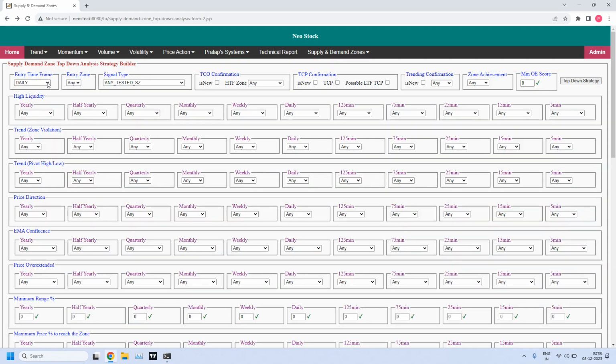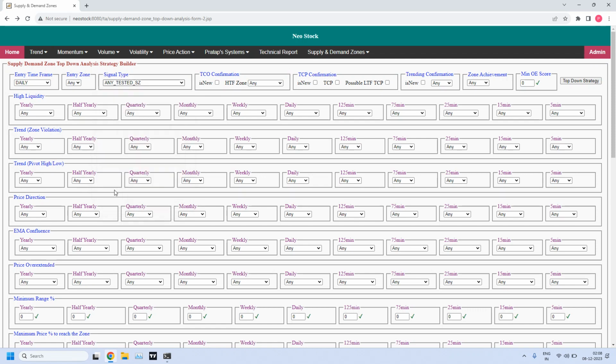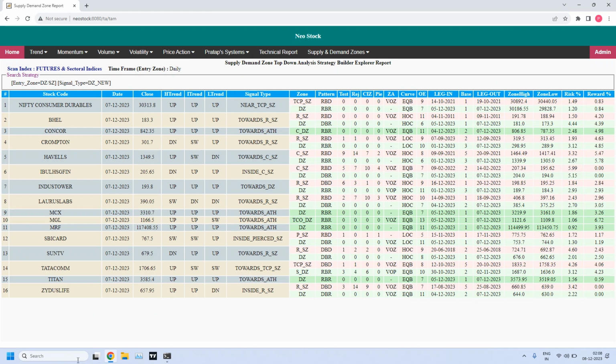Let's go back. Entry time frame is daily. Let us find the stocks having newly created demand zones. So 16 stocks are filtered. These 16 stocks are having newly created daily demand zones.